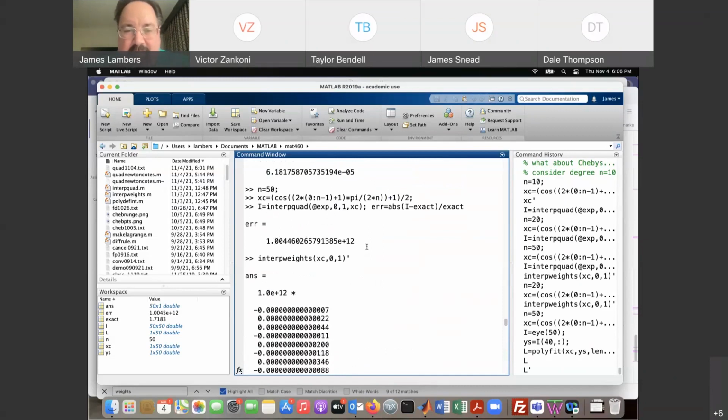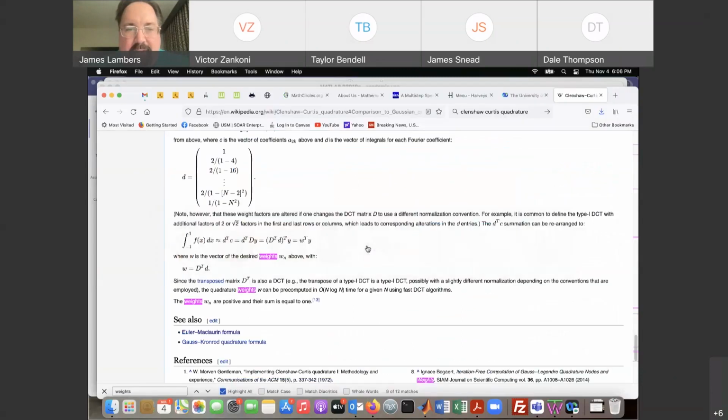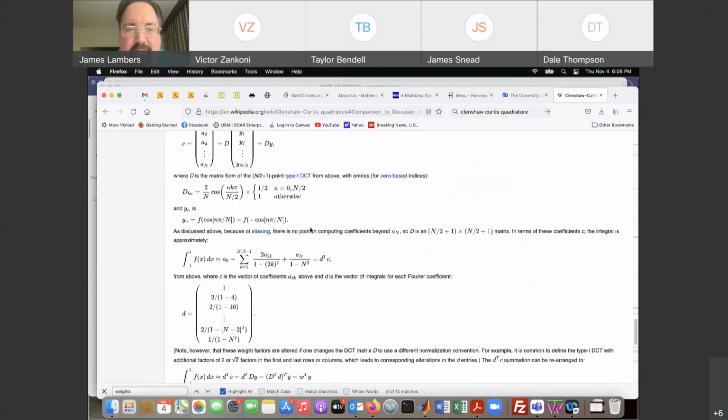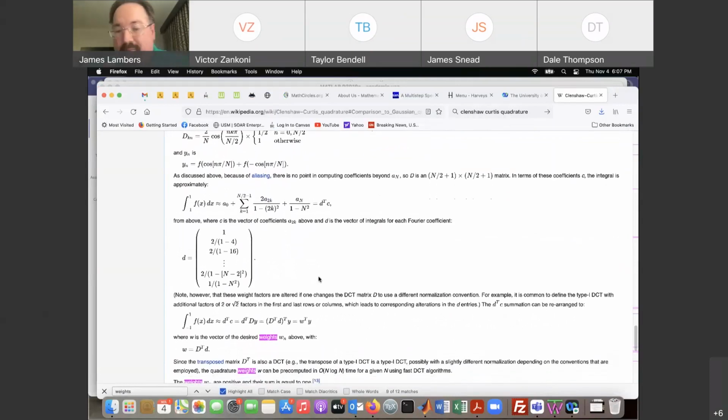On the other hand, if we used this formula given here for computing the weights, then we would get a much better result because those weights would turn out to be positive.